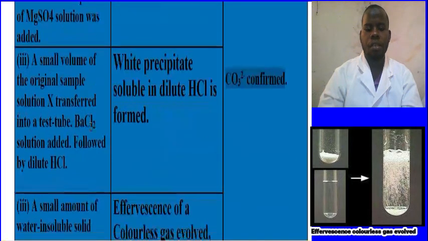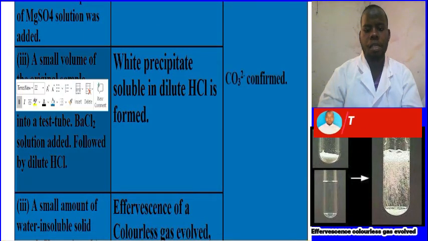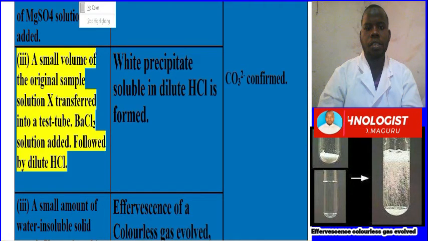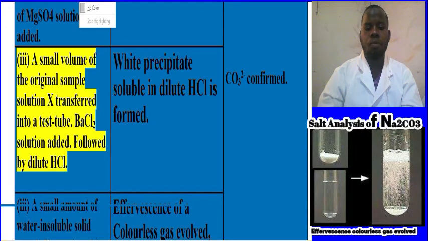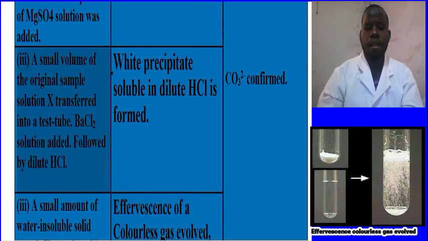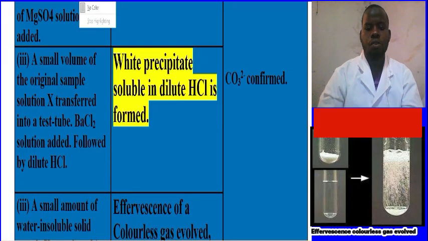Observation: a white precipitate soluble in dilute hydrochloric acid is formed. It means before the dilute hydrochloric acid the precipitate was white and insoluble, but after adding hydrochloric acid the precipitate dissolves, and that observation shows us there is confirmation of carbonate.